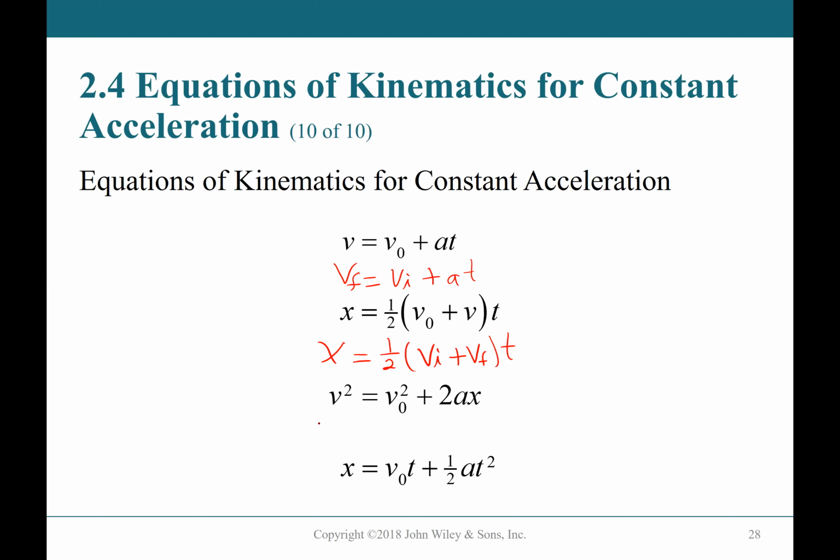Or the final speed squared is the initial speed squared plus 2ax. And then our last equation says the displacement is the initial speed times the time plus 1/2 at squared. Now, that's how we wrote those equations.